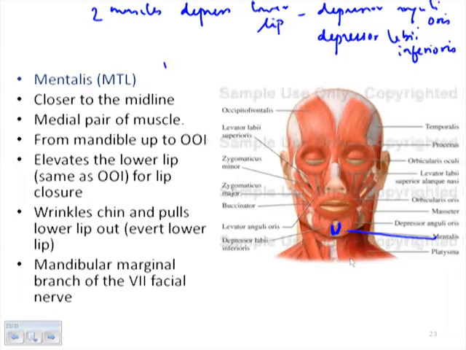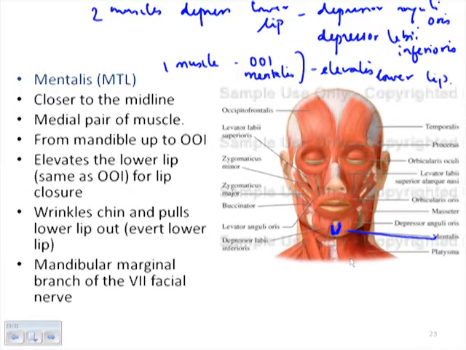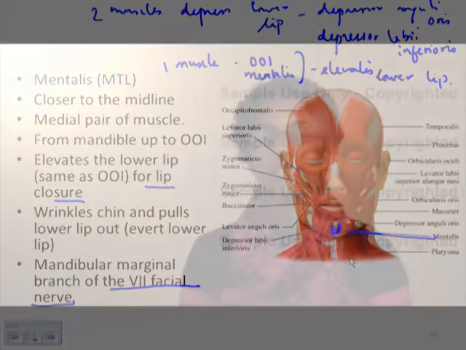But one muscle, in addition to the OOI, is the mentalis, which elevates the lower lip and closes the lip. It wrinkles the chin and pulls the lower lip out, and again it's supplied by the mandibular branch of the seventh facial nerve. So it's pulling for lip closure.